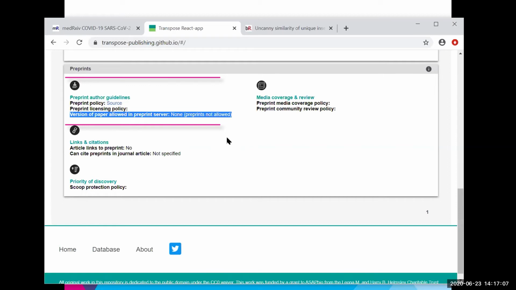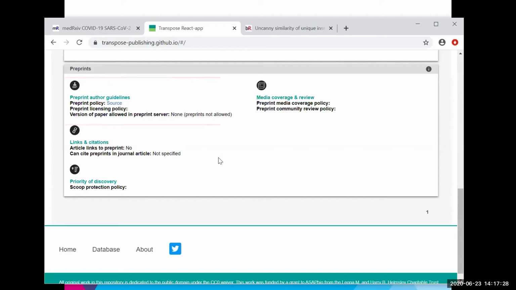So the New England Journal of Medicine is actually quite strict when it comes to posting work on preprint servers. They're basically saying, we consider this a prior publication. Do not do this. You cannot get published in our journal if your work is on a preprint server before you submit it to us. So that's a little bit of a downer.